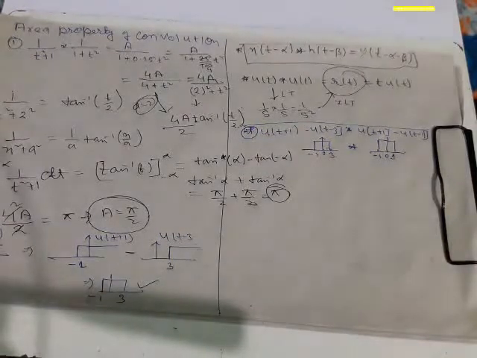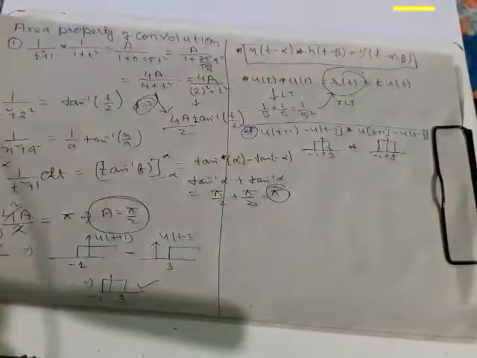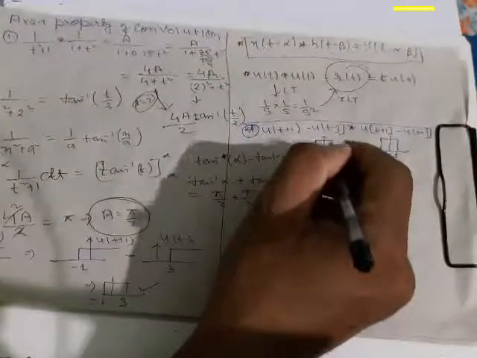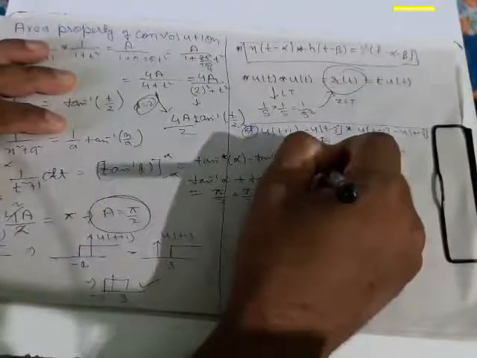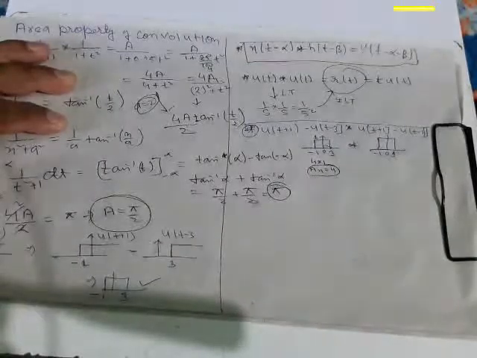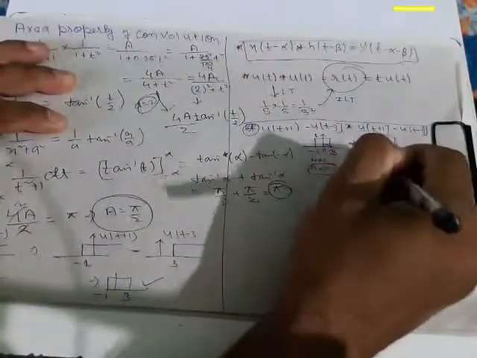Minus u of t plus 1 convolution with u of t minus 3.